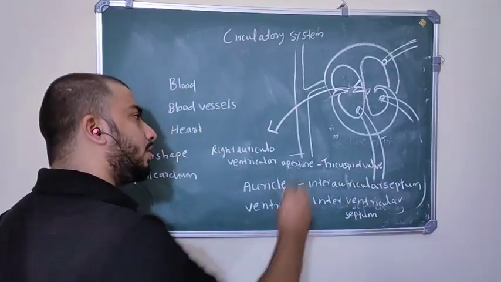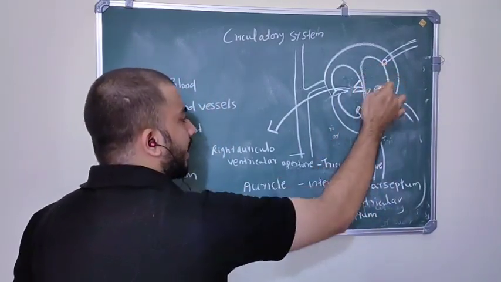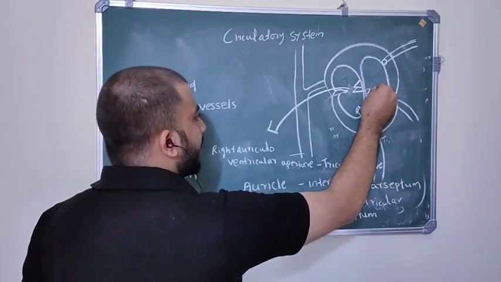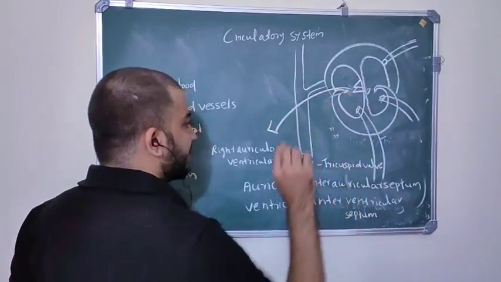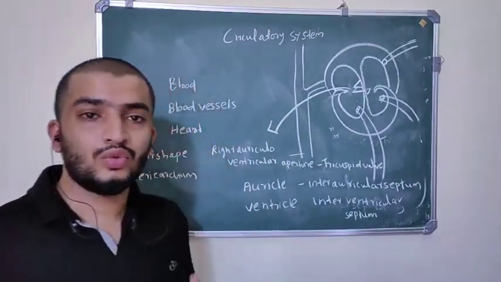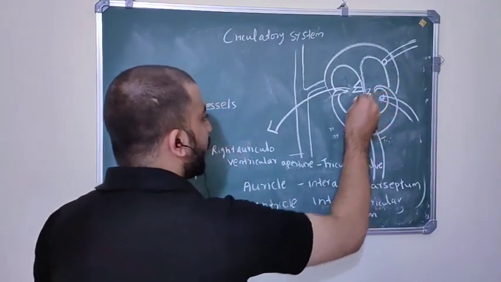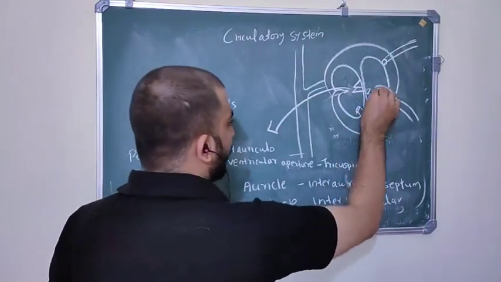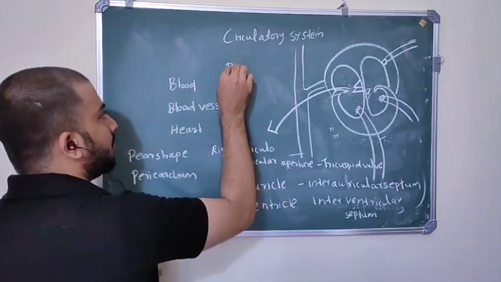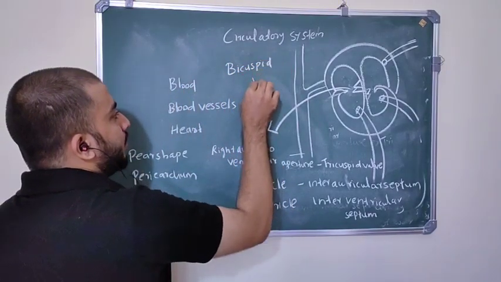Okay. What about this part? Here also, between the left auricle and left ventricle, there is an aperture present. That aperture is called the left auriculoventricular aperture. And this aperture is guarded by the bicuspid valve.